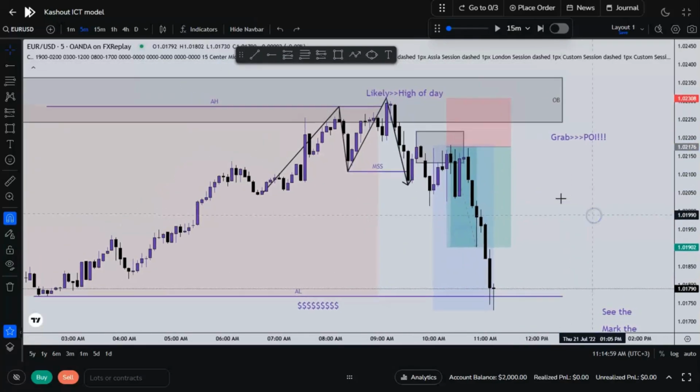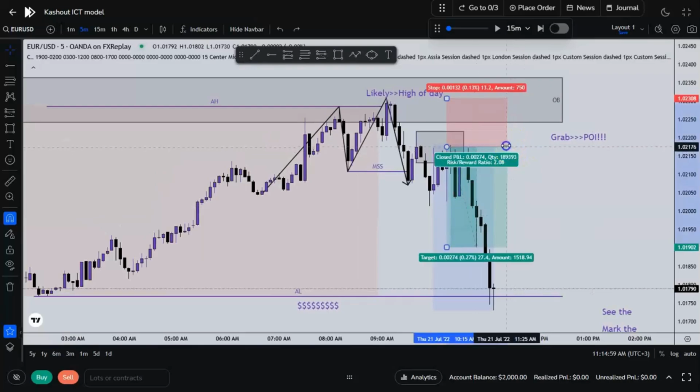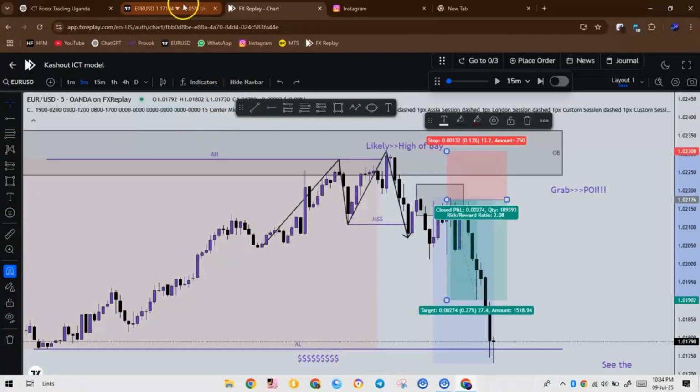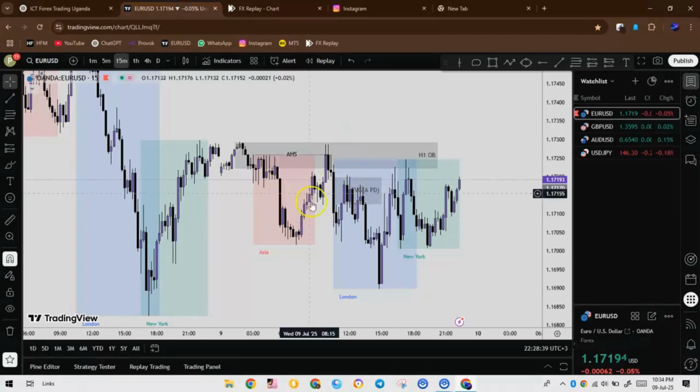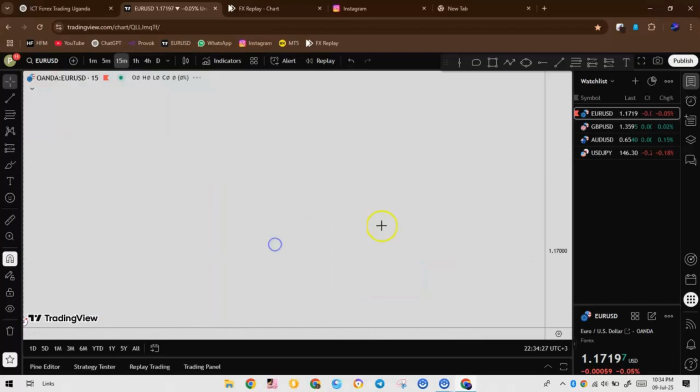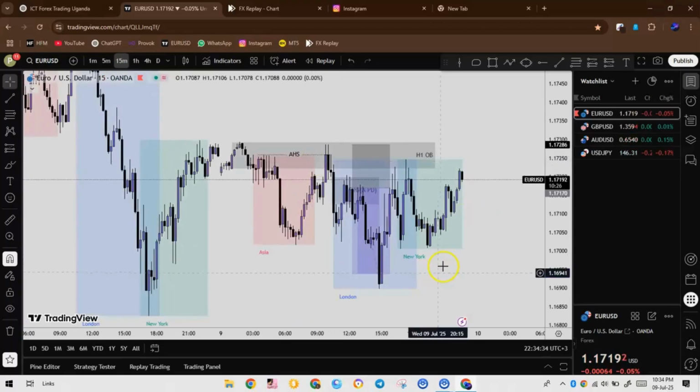Yeah, so that's that. And let's check out a trade I took today morning, just to show you how this strategy works. I go to my TradingView. The trade I took today morning, it's right there. So this is how it looked today morning.